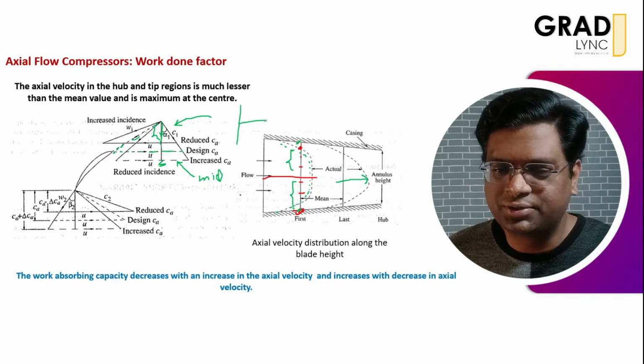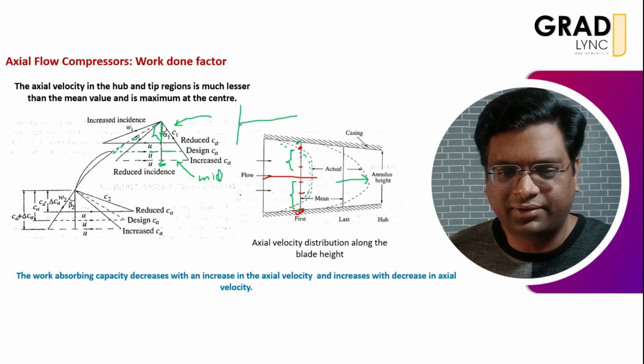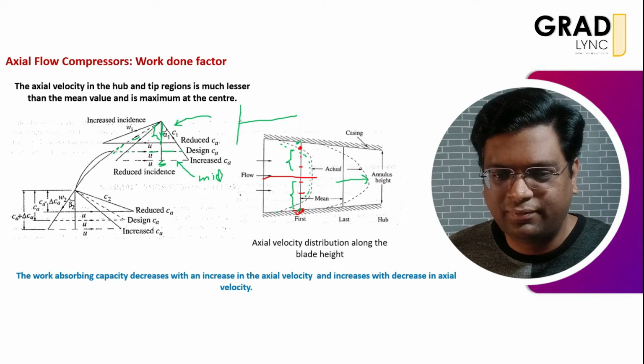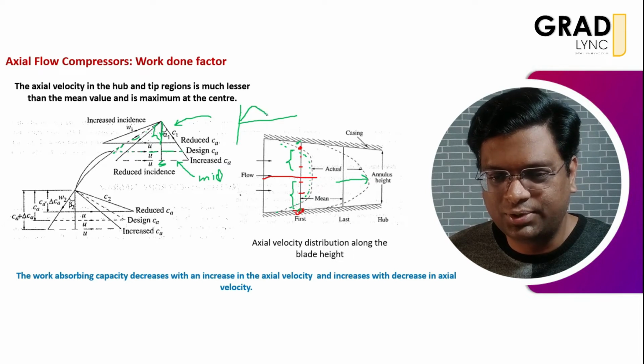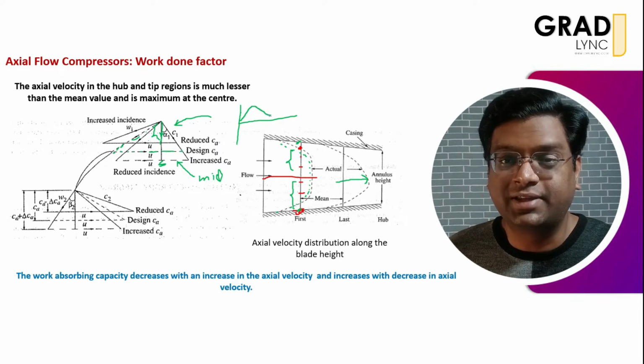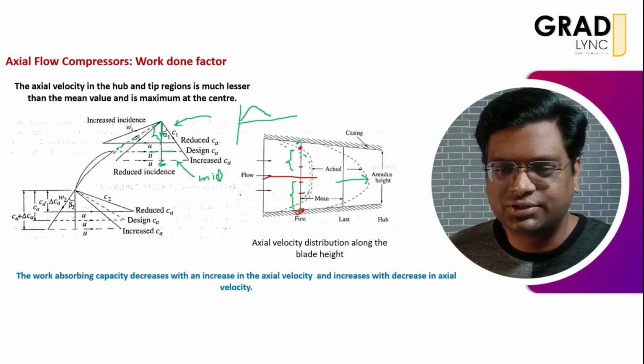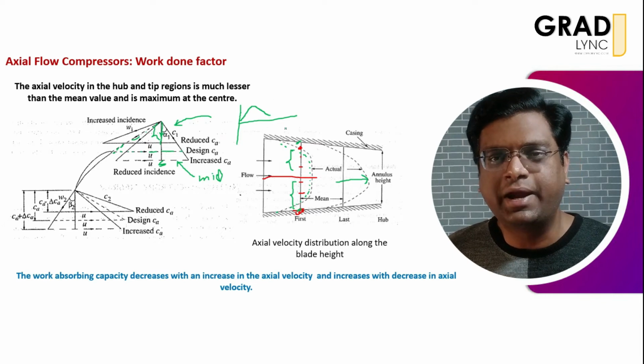If I try to draw it on an X and Y axis, let's say C1 begins somewhere lower at the root section, increases at the midsection, and again comes back to the lower values of velocity at the tip, right? So this is for one particular blade.